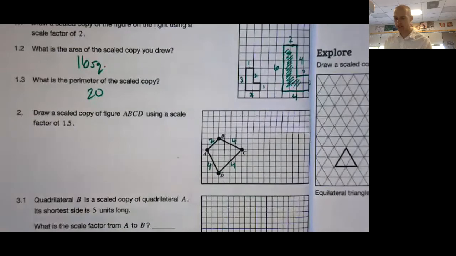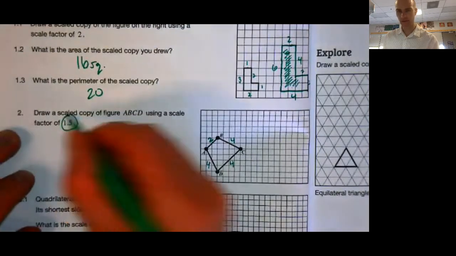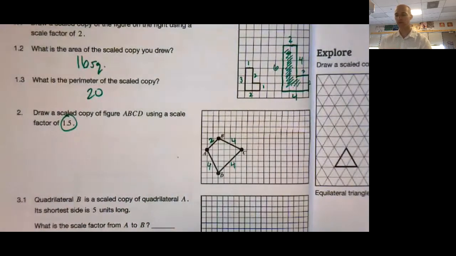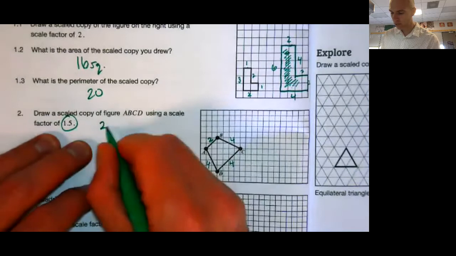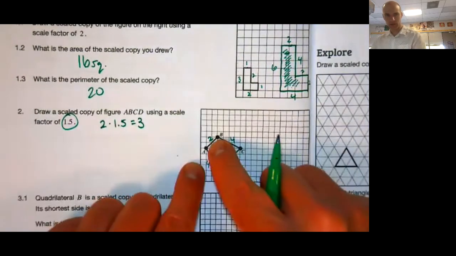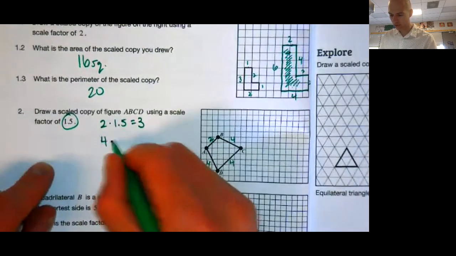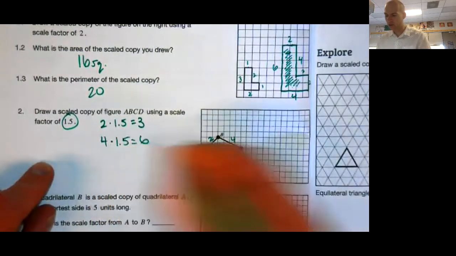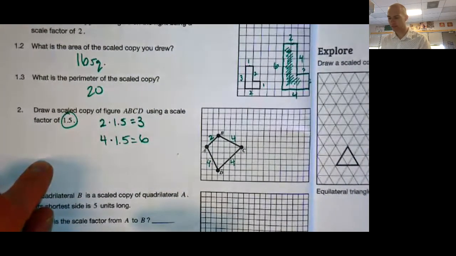And so really I just need to do 2 multiplications here because my scale factor is 1.5. To figure out the new lengths of the copy of this figure, 2 times 1.5 is 3. So where this 2 used to be, needs to be 3. And 4 times 1.5 equals 6. So all these that used to be 4 are now going to be 6.